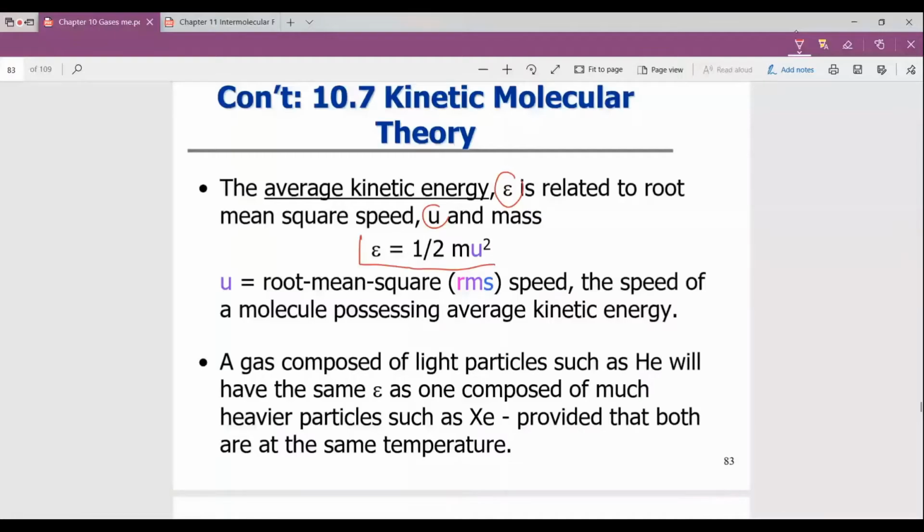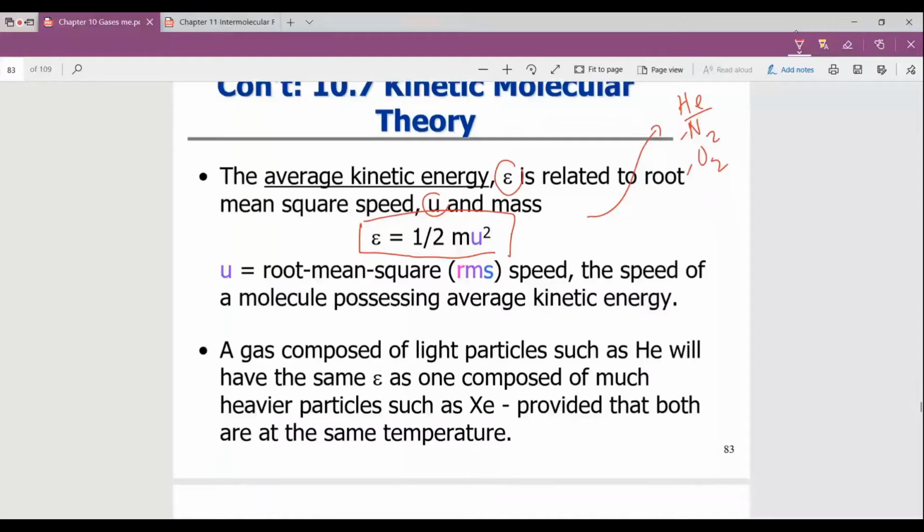Let's say we have gas molecules He, N2 gas, O2 gas. At the same temperature, He is the lighter gas. So the average velocity is higher for He due to the lower molar mass of He compared to N2 and O2.